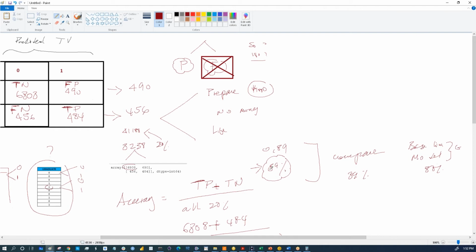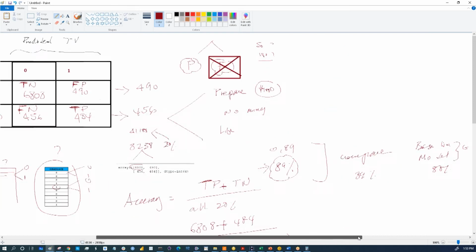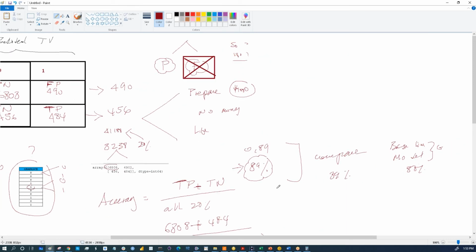No, this is the accuracy. 89 is how good the model that we trained on 80% is at determining the values of the 20%. It happened to be 89 here, but our probability from the start could have been 70% or 25%, and then this 89 would be the accuracy. In this case, it happens to be the same.